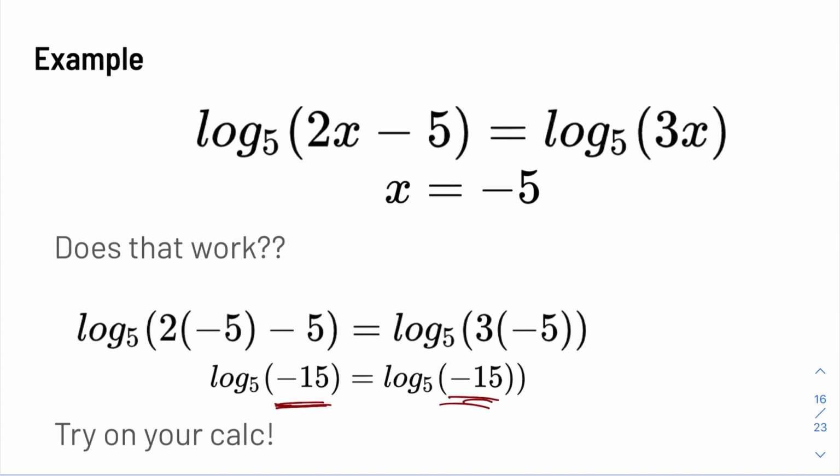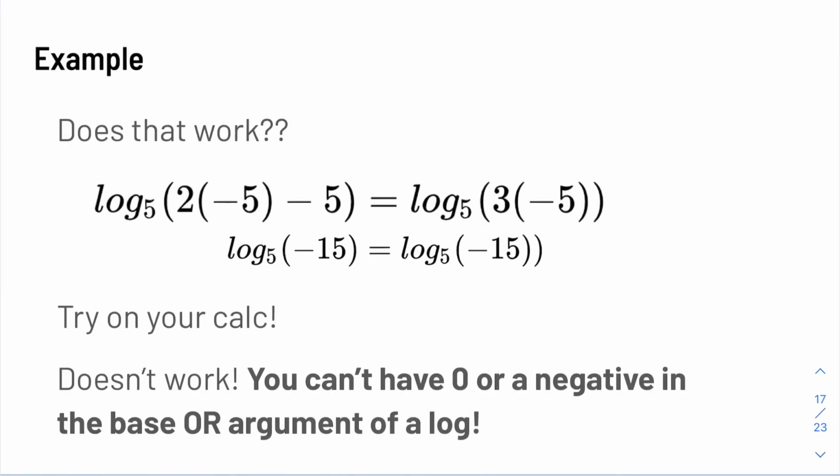The x value can be negative, right? We saw on some of the log functions we graphed, the domain would sometimes be like negative 3 to infinity, which means that some negatives are okay. The issue is when you get it down to taking the log, you end up taking the log of a negative. Okay, so negative 5 does not work.